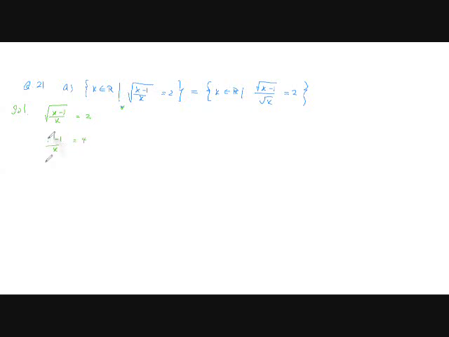Then we simplify: x minus 1 equals 4x. Then moving terms, we get 3x equals -1. So x equals -1 over 3.